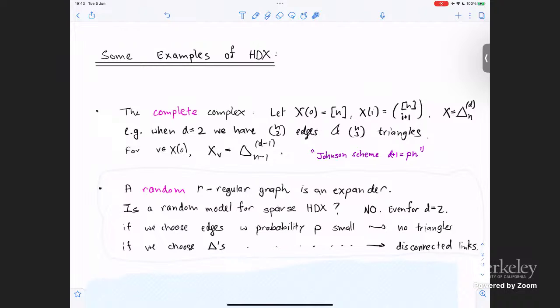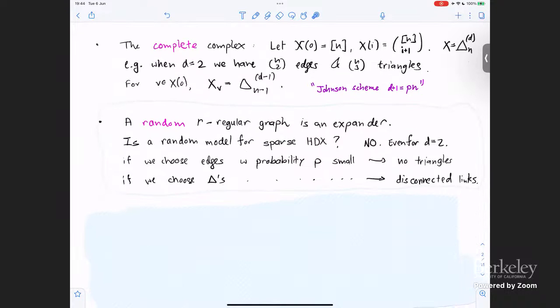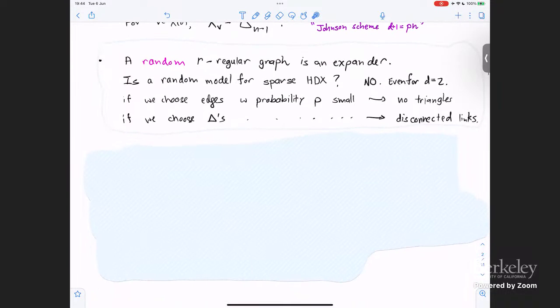And it will only be connected if you choose many, many triangles. So there is some threshold. If you raise p to be large enough, this will actually be a good expander, but definitely not if you want constant degree. So random graphs are not going to be very helpful for this theory, random complexes.